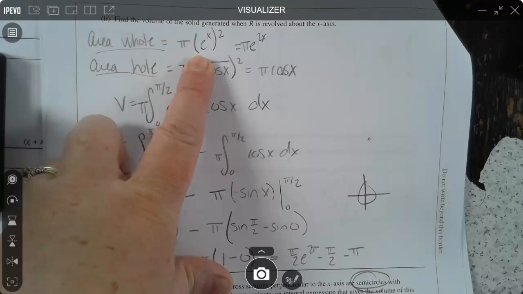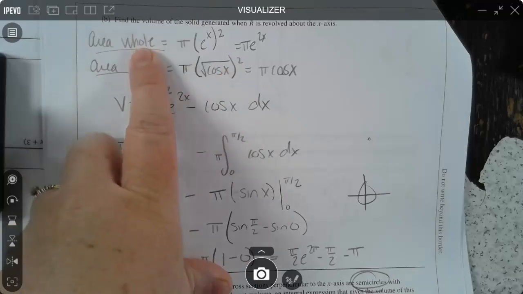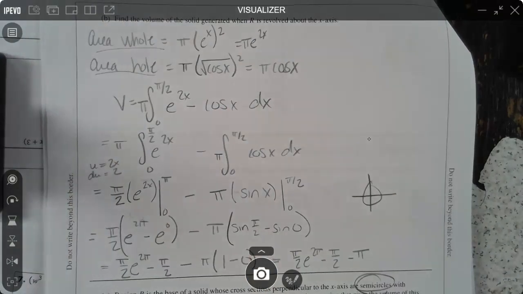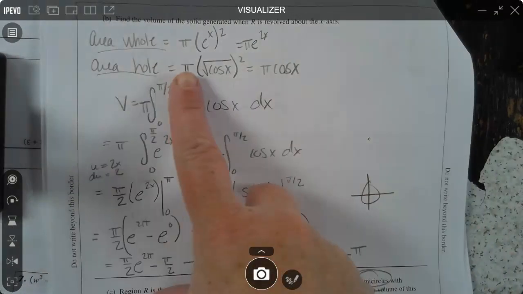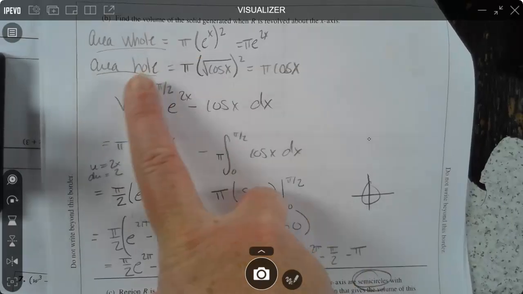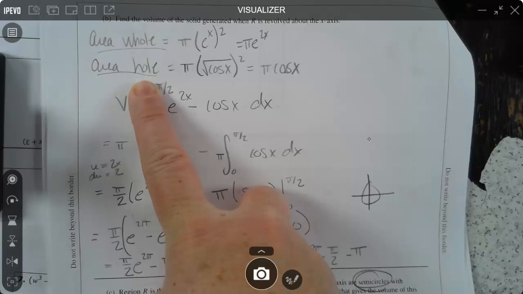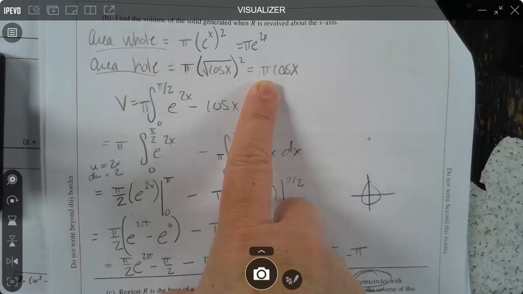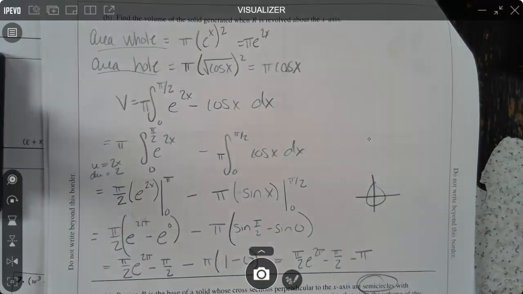I find it very helpful if I write out my areas and my volumes to help me find these values. So the whole thing, which was the top function, as opposed to the hole. Some of you got your top and your bottom wrong, like in the previous one.